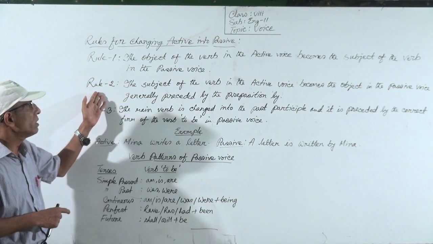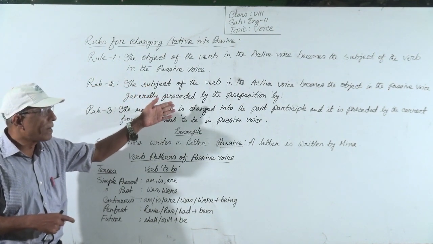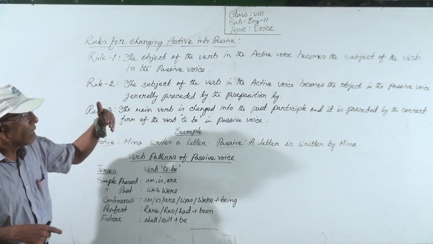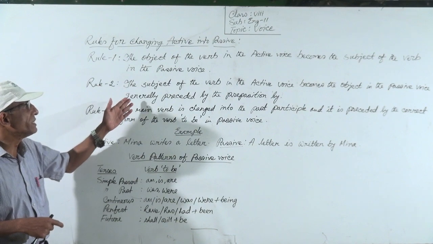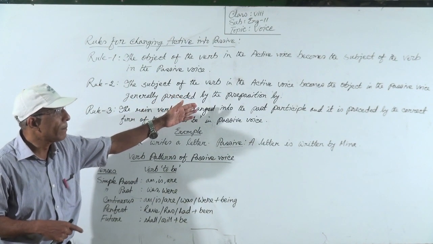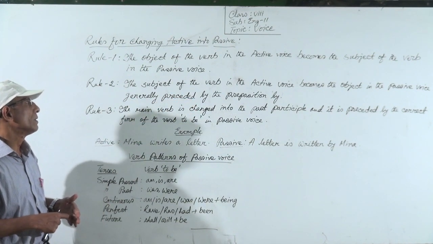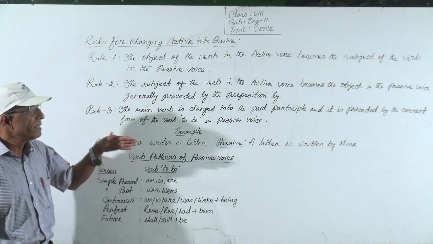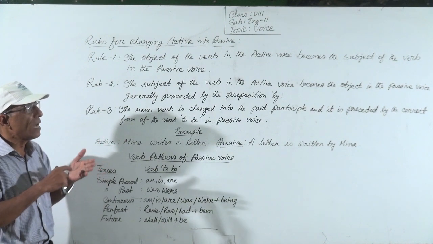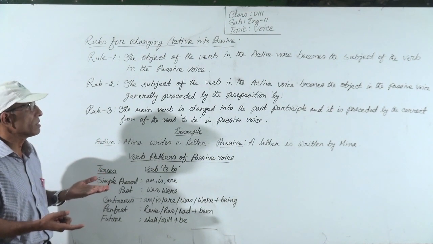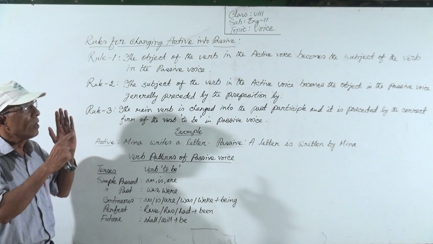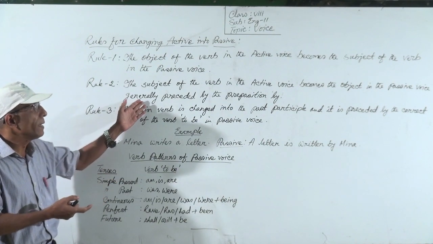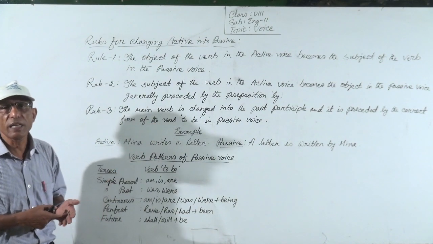Second rule: the subject of the verb in the active voice becomes the object in the passive voice, generally preceded by the preposition by. That is, subject will be object, and generally preceded by the preposition by.